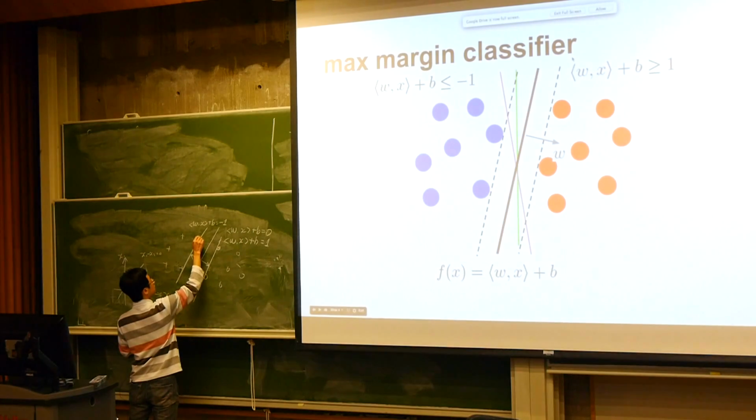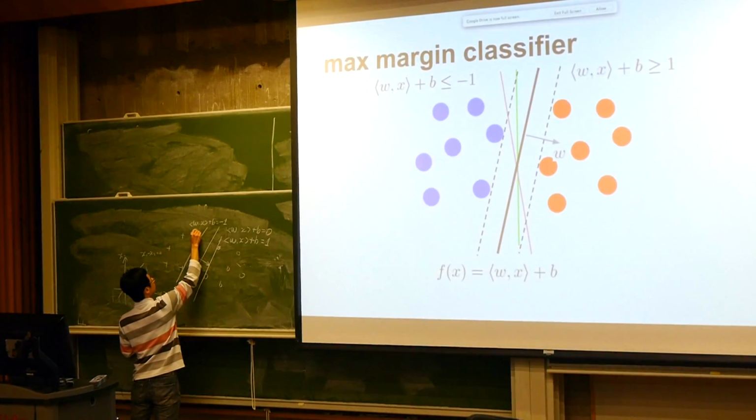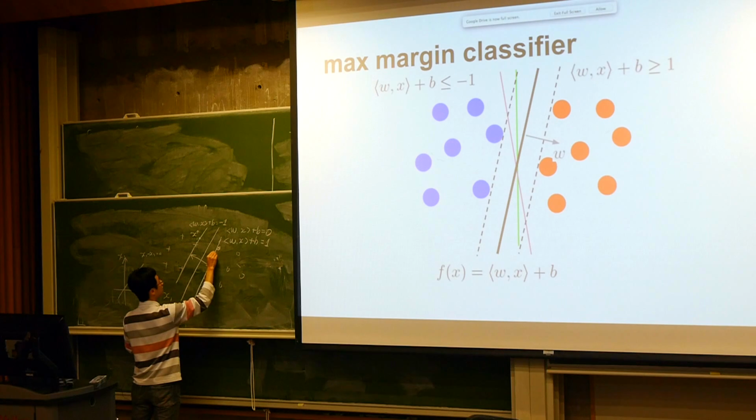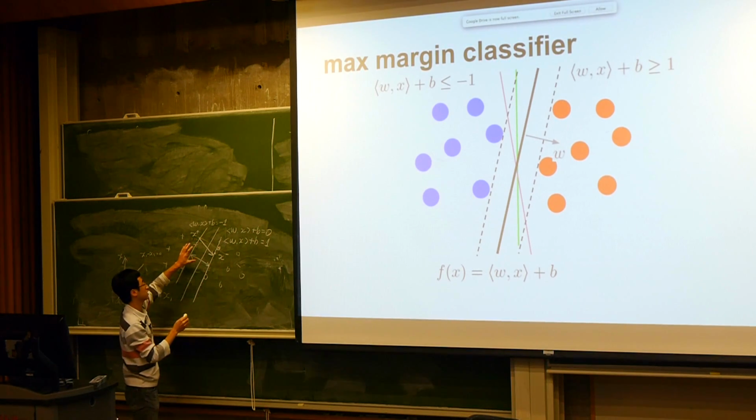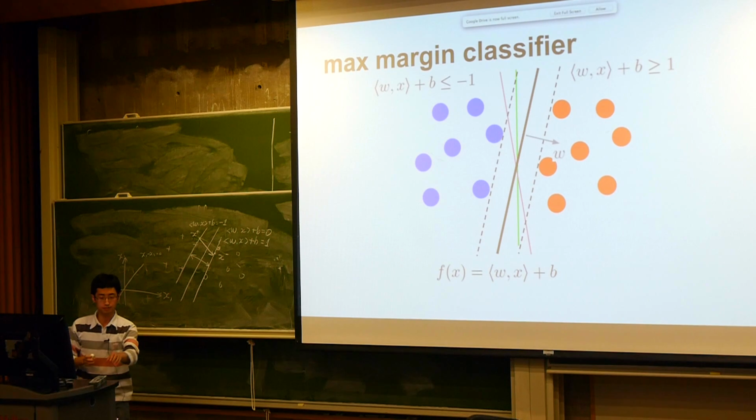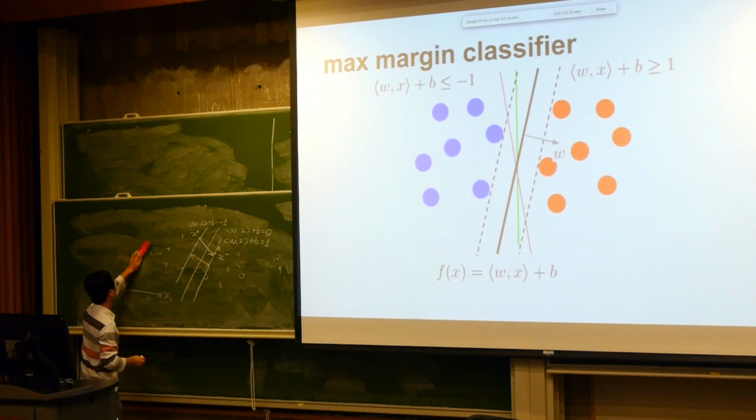So how can we get this distance? Suppose there are two points here. This is x plus. This is x minus. So this is a vector, right? How can we get the perpendicular distance between them? We do some vector calculation.